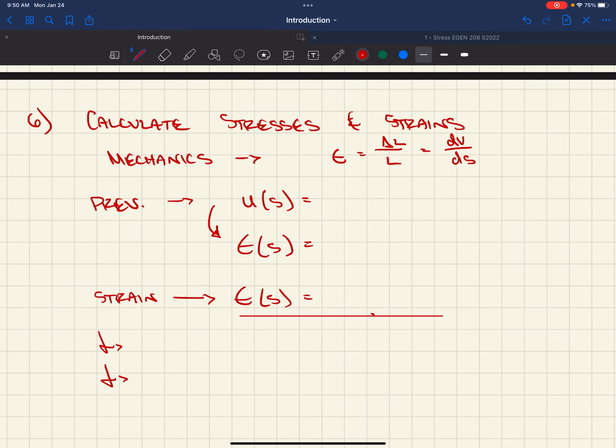S is our variable along the length. So we have ds over the change in length. Previously, we knew that we had this function for displacement, which is 1 minus s over L, u2, plus s over L times u3.